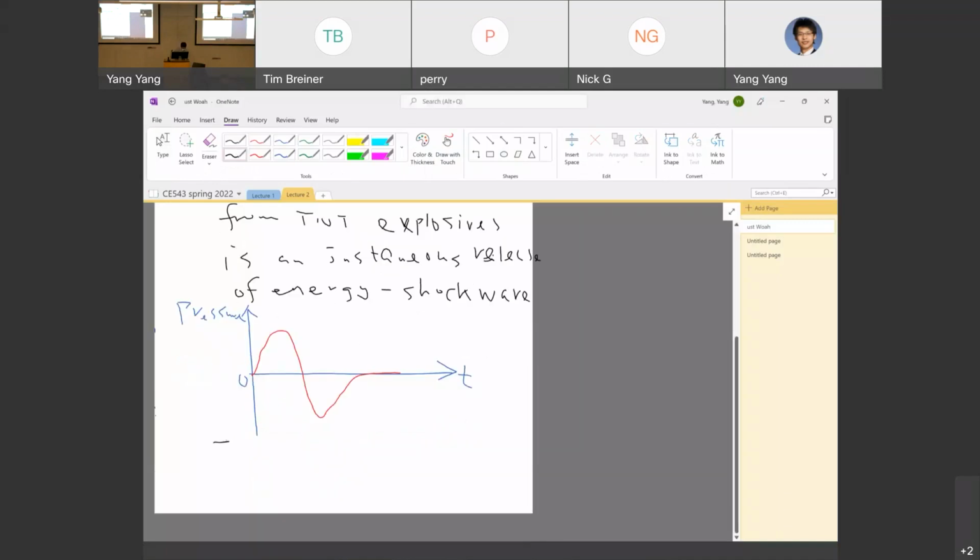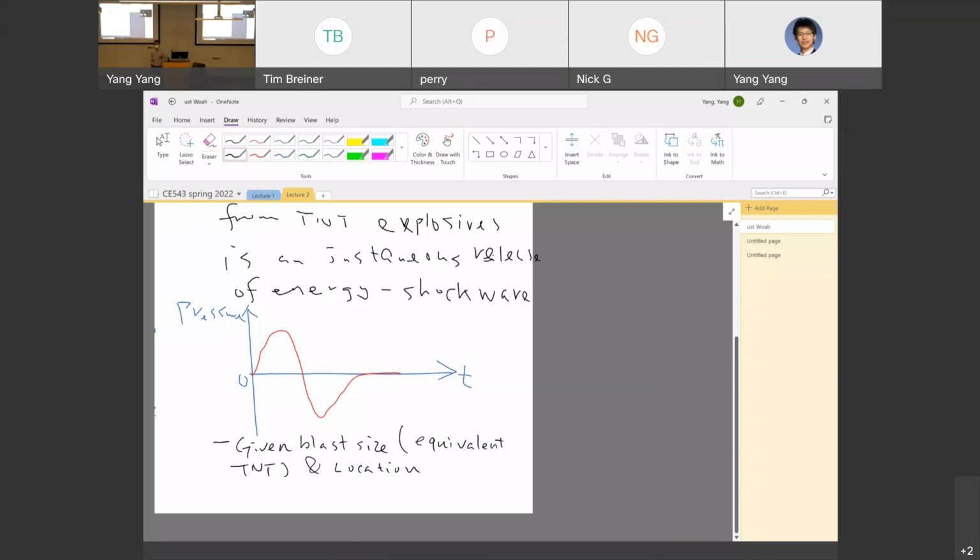So when you do design, you will usually have a given blast size as a function of equivalent TNT tonnage and location.